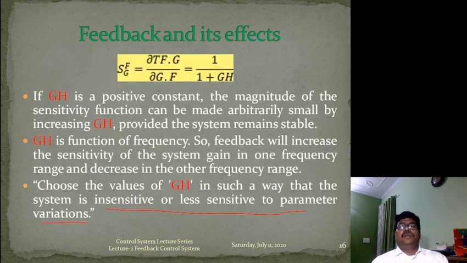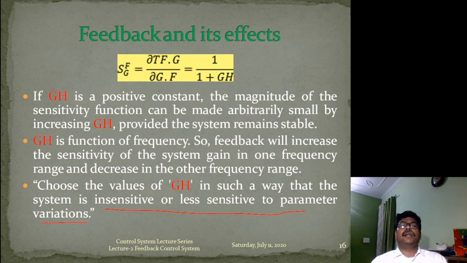So when solving this, the sensitivity with respect to G will be equal to 1 upon 1 plus GH. So you can see that the sensitivity is equal to 1 upon 1 plus GH, means if GH is a positive constant, then the magnitude of the sensitivity function can be made arbitrarily small by increasing GH. If we increase GH, then the sensitivity will decrease.